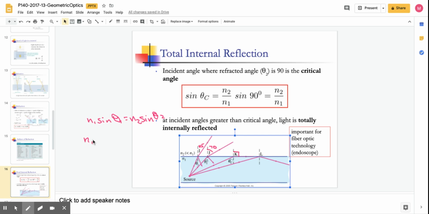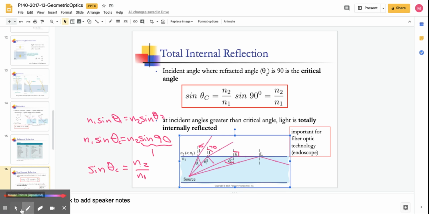So now we can say n1 sine theta critical, so that's this incident angle right here, equals n2 sine of 90. Now if we plug that into our calculator or look at a graph, we know sine 90 is equal to 1. So that tells us then that sine theta c, if we divide both sides by n1, we get n2 over n1. So that's where the critical angle comes from.